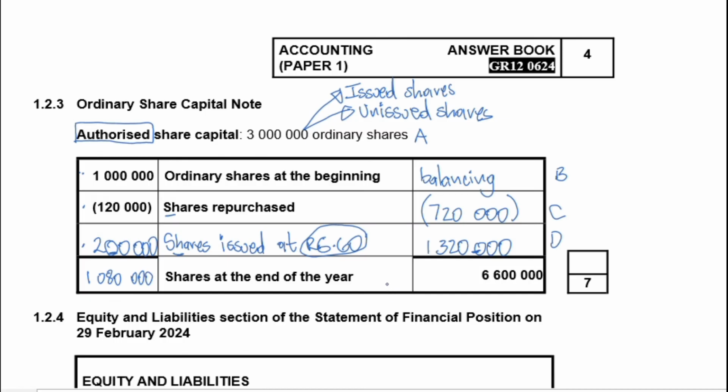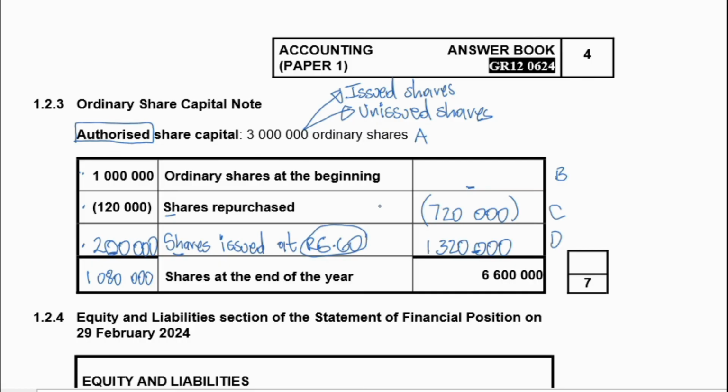We can now also solve for the book value of the shares that were in issue at the beginning of the year as a balancing figure. Because we are starting from the end, we are going to do the opposite of what you would normally do if you are starting from the top.